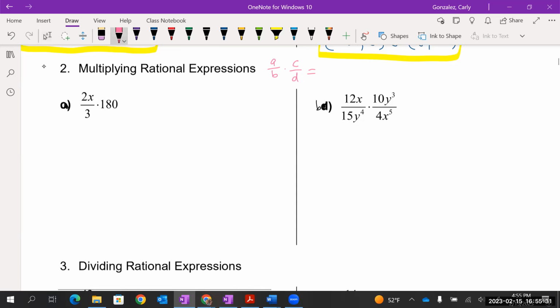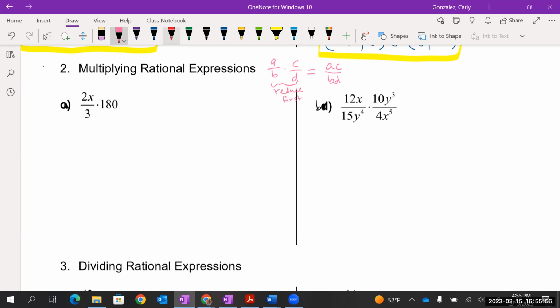And then if not, we just multiply straight across. So we'll get A times C is AC, B times D is BD. Again, when it is multiplication of two rational expressions, at this stage, we may reduce first.